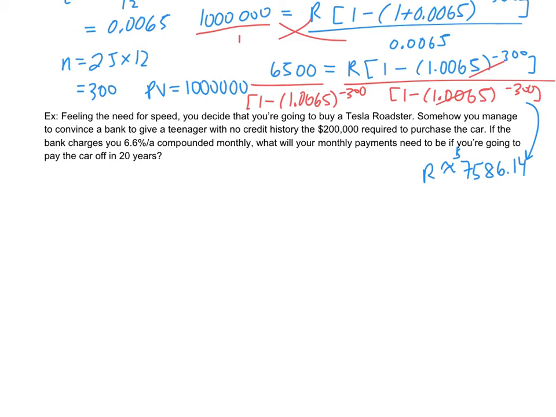First of all, I see monthly payments or monthly deposits or withdrawals, whatever you want to call it. So right away, I know it's not regular compound interest. Now I just have to decide, is this future or present value? Think of your loan as the present value. You presently owe $200,000.